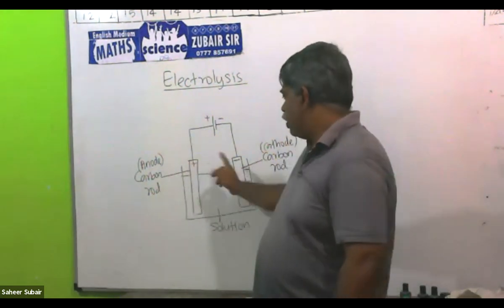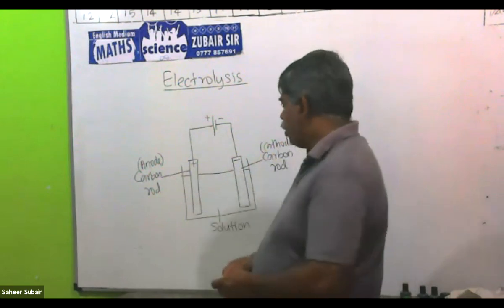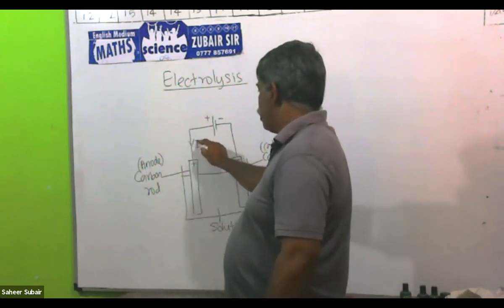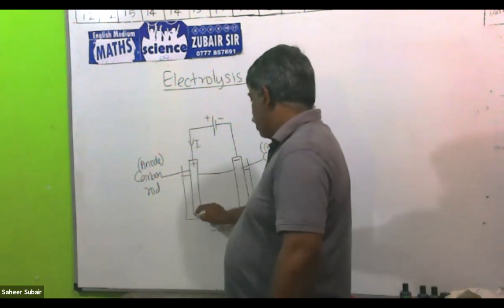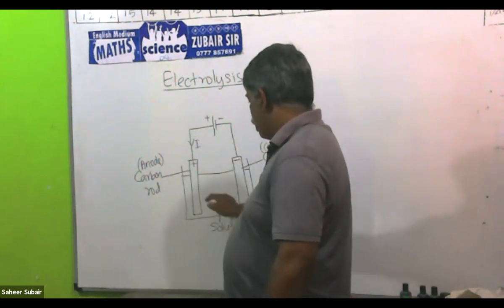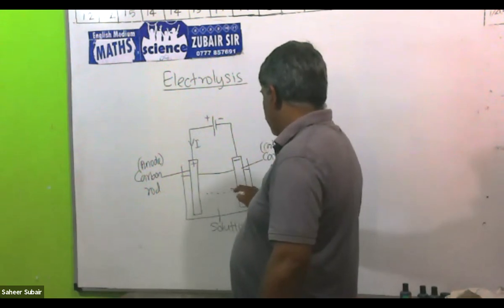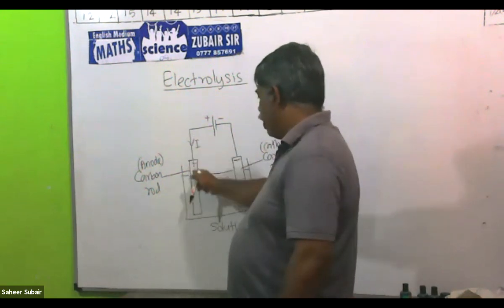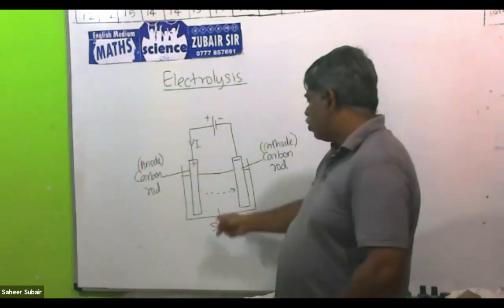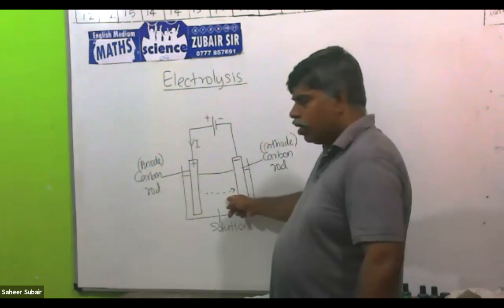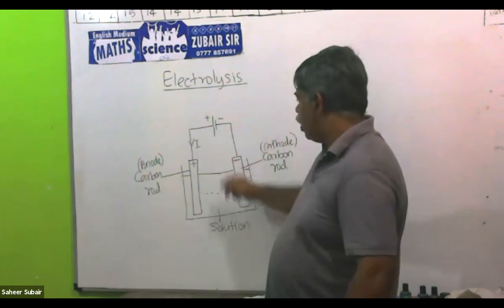Then the cell pushes the current through this. Current comes up to here. If this solution allows the current, then the current can pass through this and return to the other side of the cell.